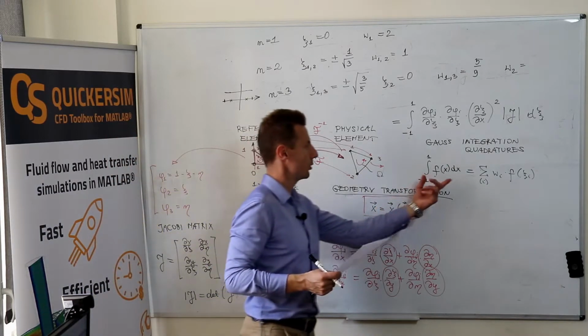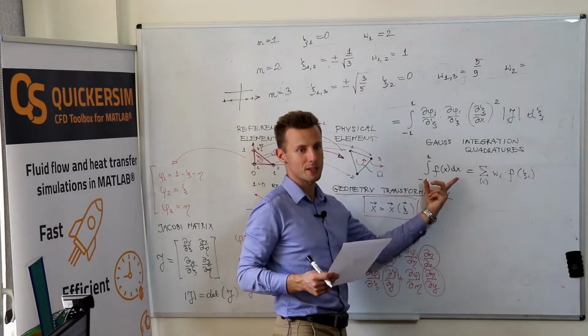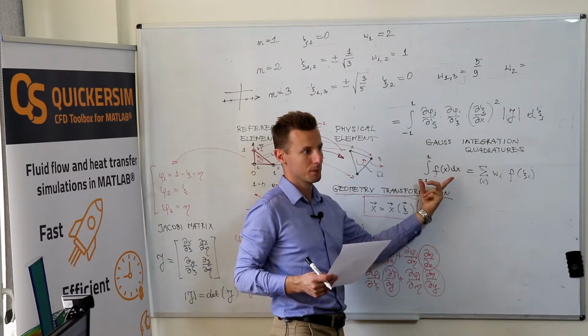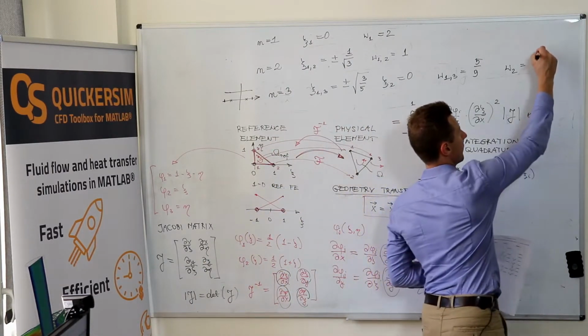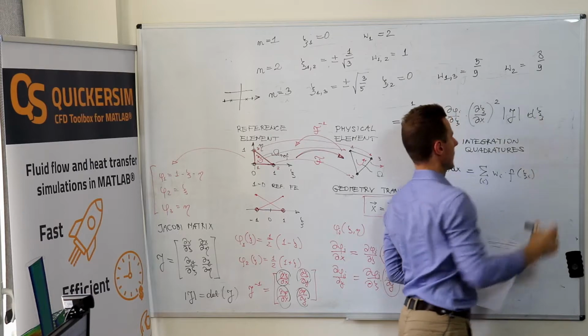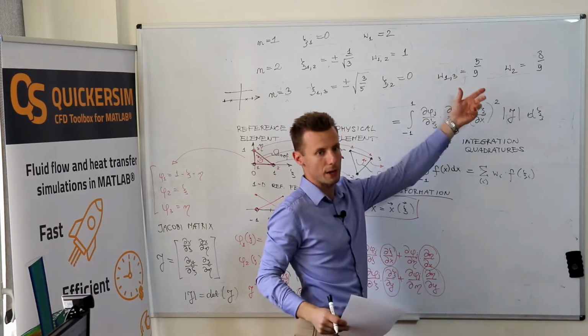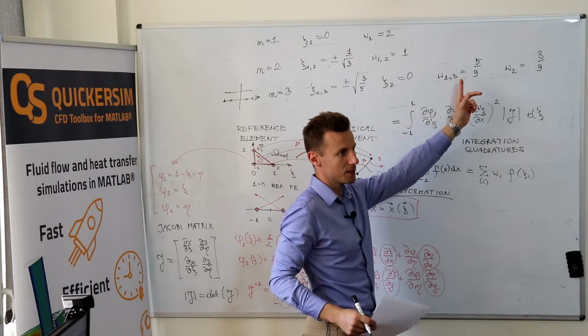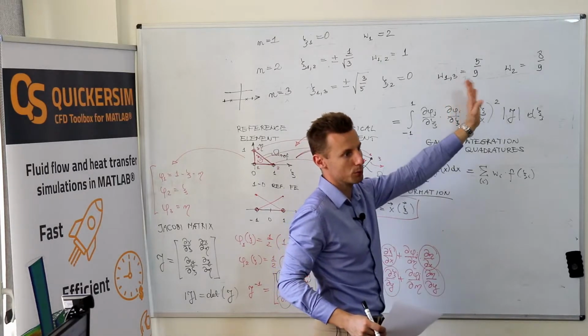If you integrate unity, to what does it need to add? Because all the weights together need to sum up to 2.